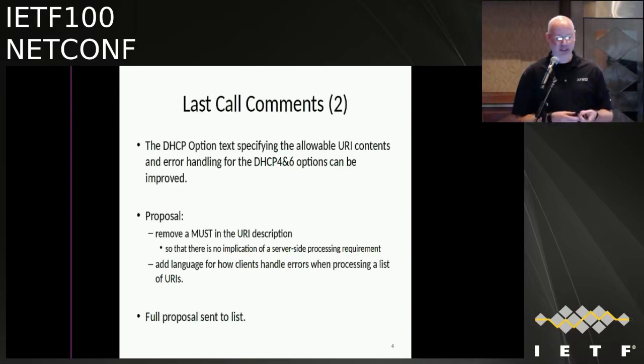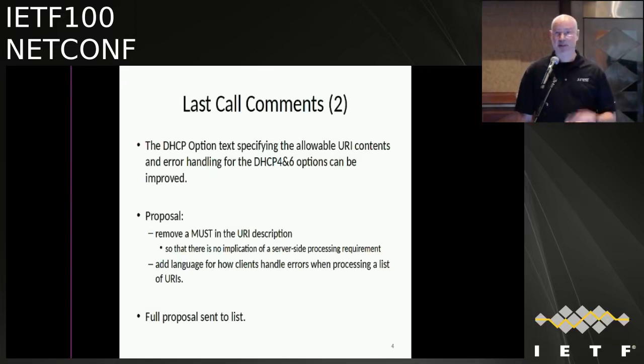The proposal is to remove the must in the URI description so that there's no implication of server-side processing. What we've been told is that whenever DHCP options go for review, they inevitably get kicked back if there's any implication that there's a requirement for server-side processing. So we wanted to eliminate that so we don't have that problem.